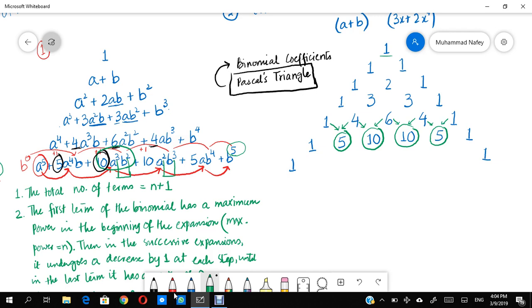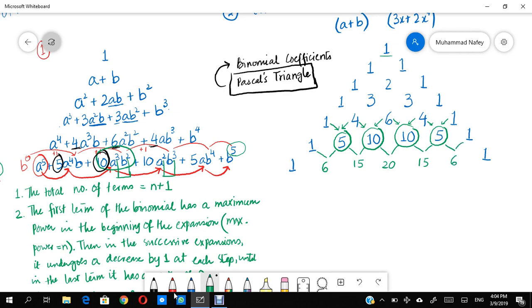So we can use the same thing to work out the terms of the seventh row. That is when n is equal to 6. So here we would get 6. Here we have 15. Here we have 20. Here we have 15 again, and then we have 6.